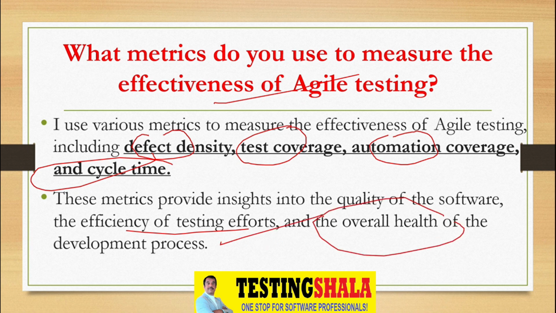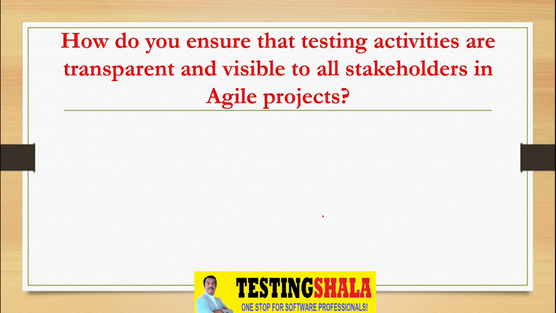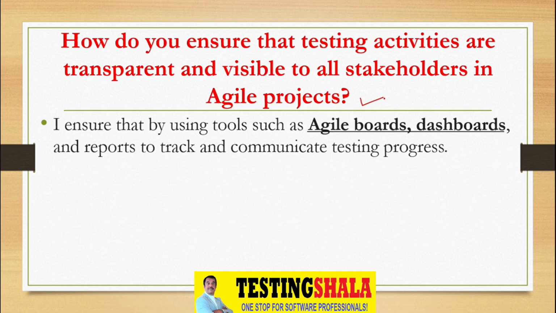How do you ensure that testing activities are transparent and visible to all stakeholders in the Agile project? We will have to use Agile boards even for testing activities, and we have to keep reporting all the activities and tracking our efforts in these Agile boards.